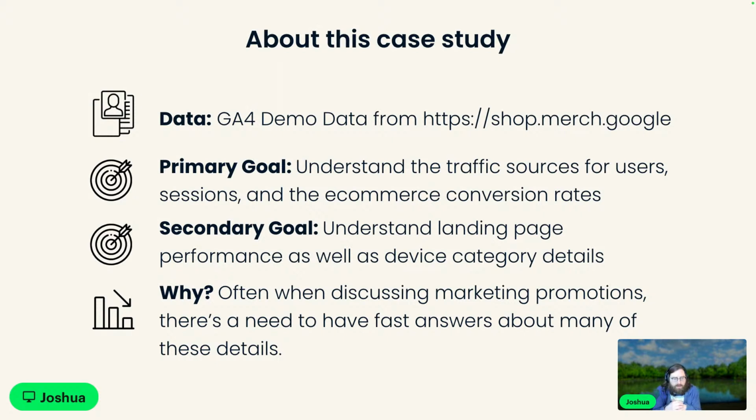This site is an e-commerce site, so e-commerce data is important here. Also, another goal is understanding the various landing pages that are leading to people coming to the site. How are those performing? Do we have different devices, whether it's mobile, desktop, tablet? How are we doing with those?